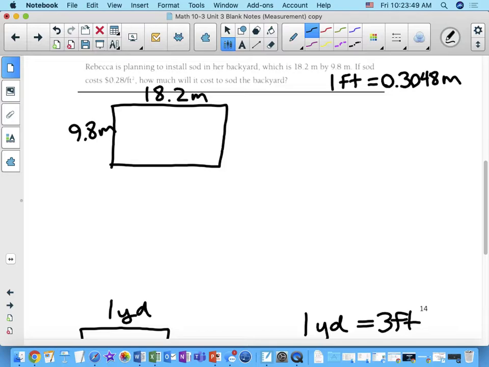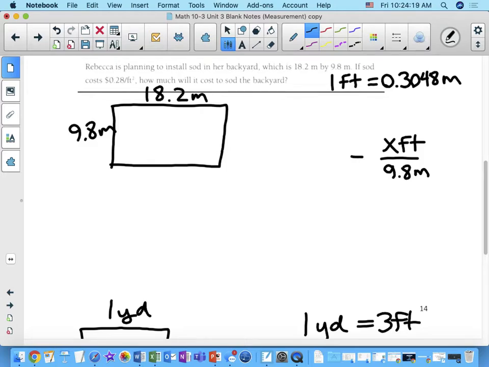So we can do some proportional reasoning here, okay? So we've got 9.8 meters, and we want to know how many feet is 9.8 meters. So as soon as you say to yourself, how many feet, that means you're writing x feet over 9.8 meters. That's one side of the equation.